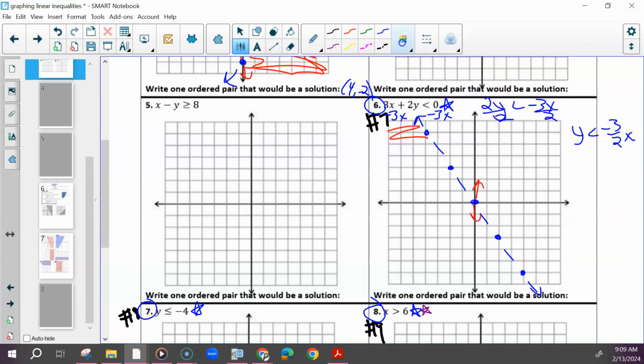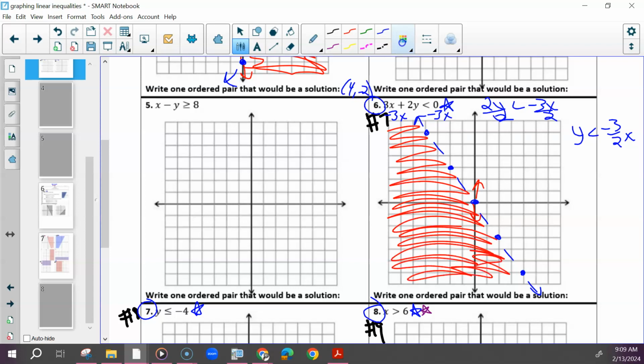So below would be everything to the left. Give me one ordered pair that would be a solution. -3. So maybe -3, what? 0. 0.